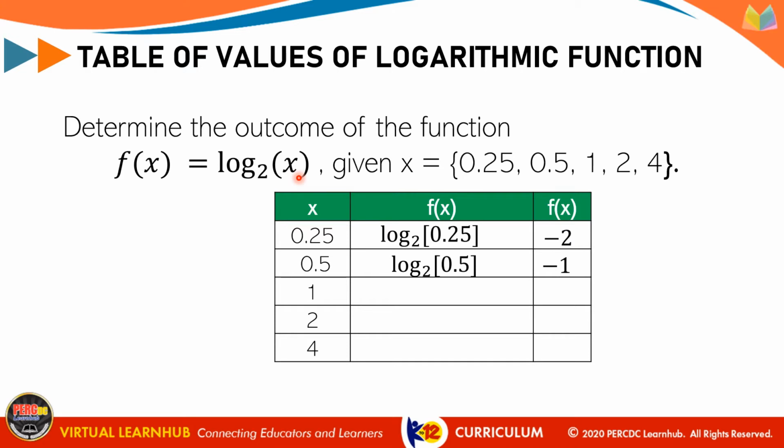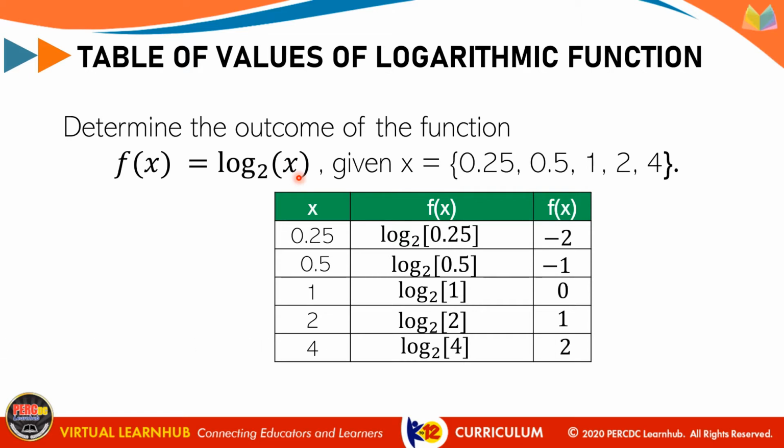For x equals 1, log of 1 to the base 2 is 0. For x equals 2, log of 2 to the base 2 is 1. And for x equals 4, log of 4 to the base 2 is equal to 2.